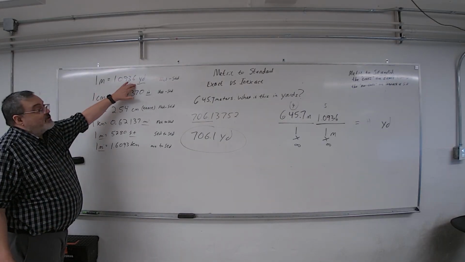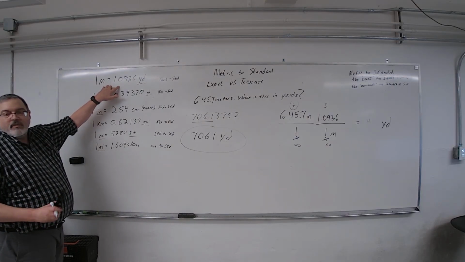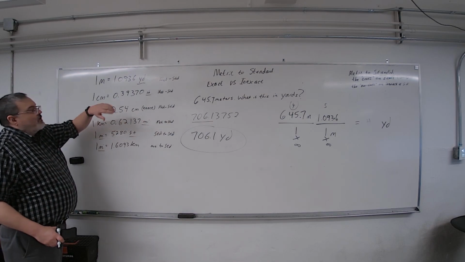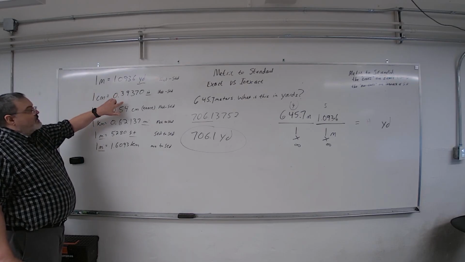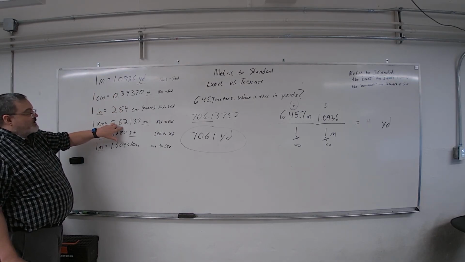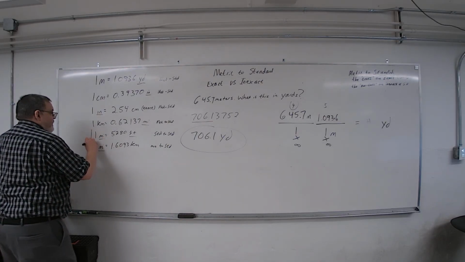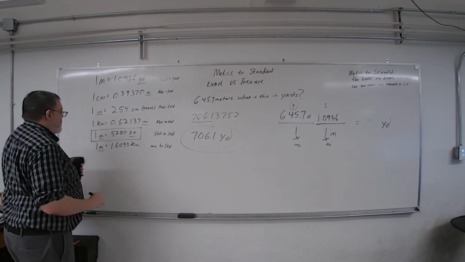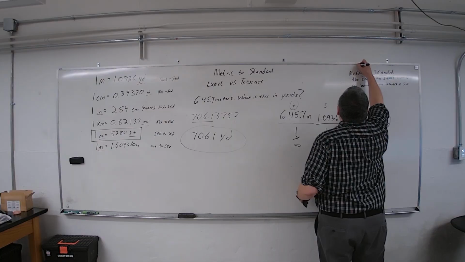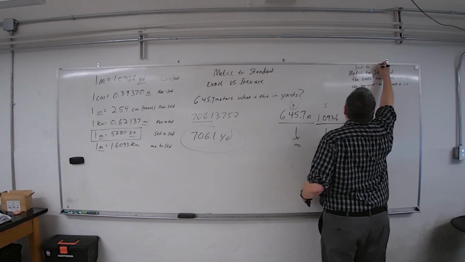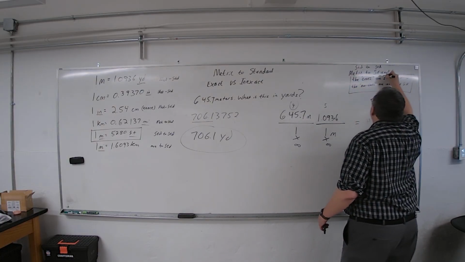Meters, that's metric. Yards, that's standard. So you would use this for a metric to standard or standard to metric either way. I just wrote it metric first, but if you're going between metric and standard, this is metric to standard, this is metric to standard, this is metric to standard. This is standard to standard, this is usually true for standard to standard as well.